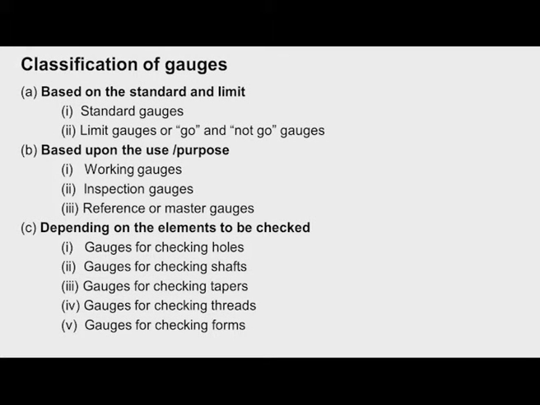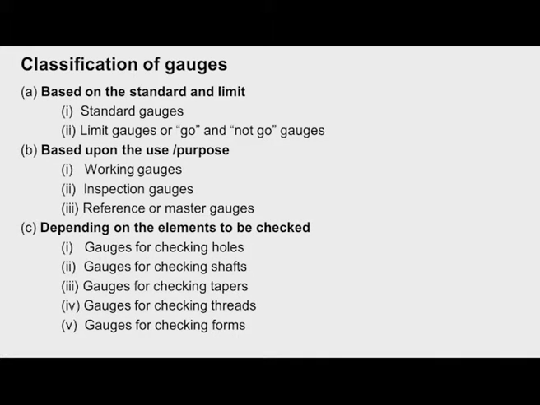Now how are these gauges classified? There are many ways in which these gauges are classified based upon the standard, the type of limit gauge, whether it is standard gauge or limit gauge, and then based upon the use or purpose, whether they are used as working gauges or for inspection purpose or as reference or master gauges.